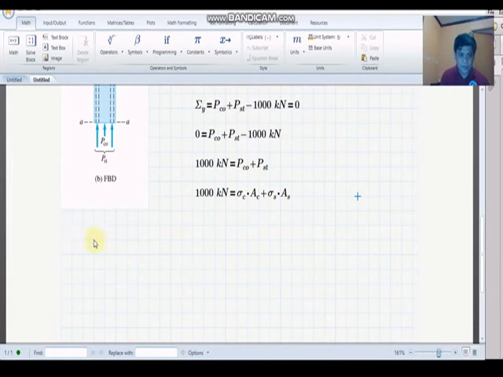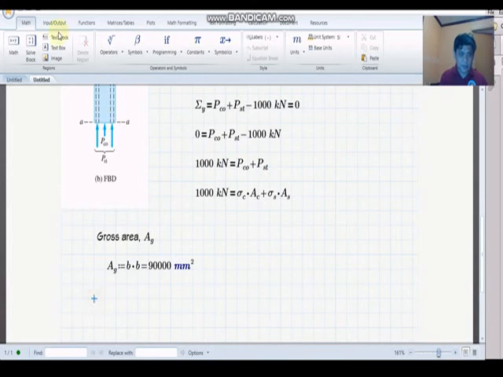So let's solve for AC, but before we can solve AC, we need to solve the gross area, AG. AG is equivalent to b squared, b times b, which gives 90,000 square millimeters.